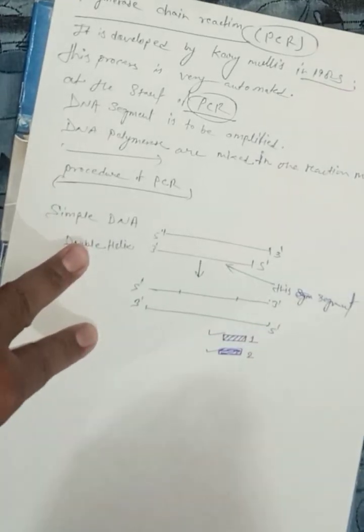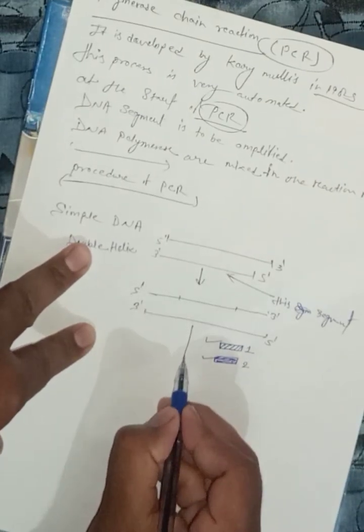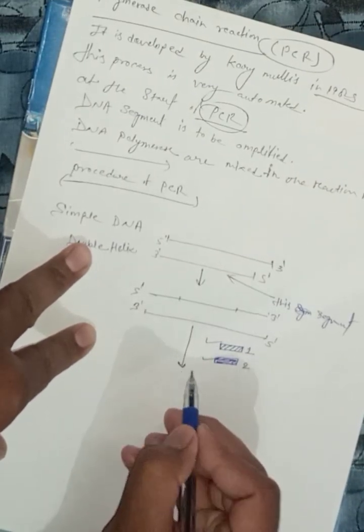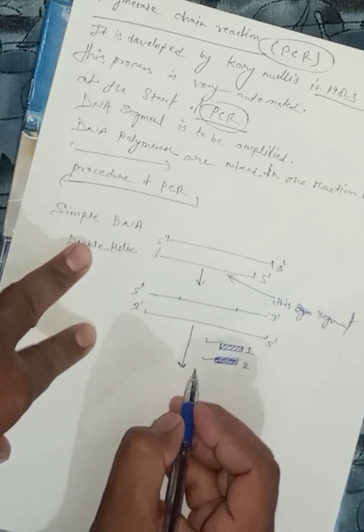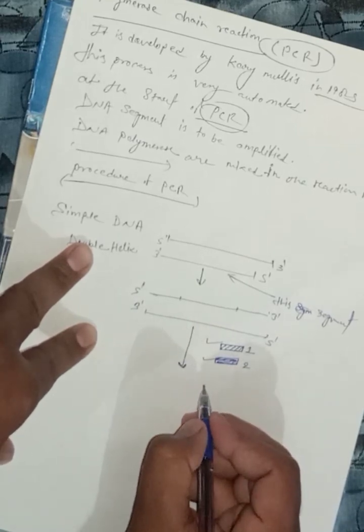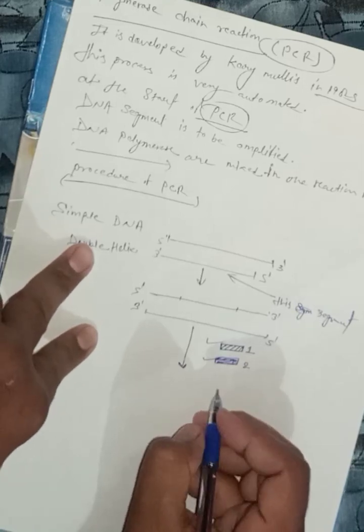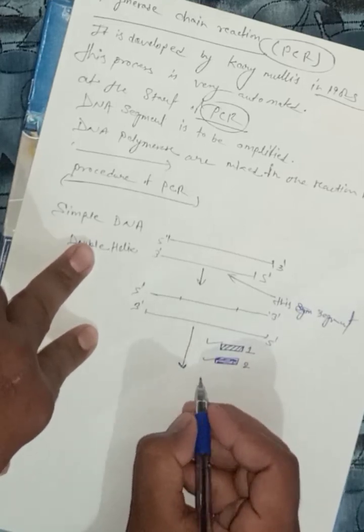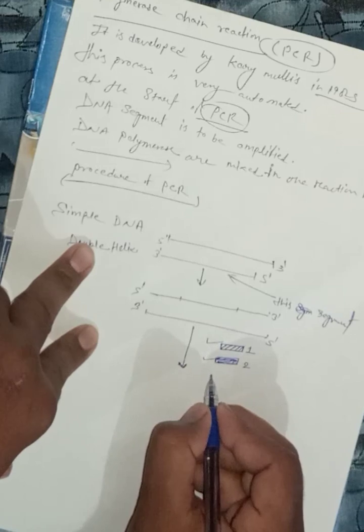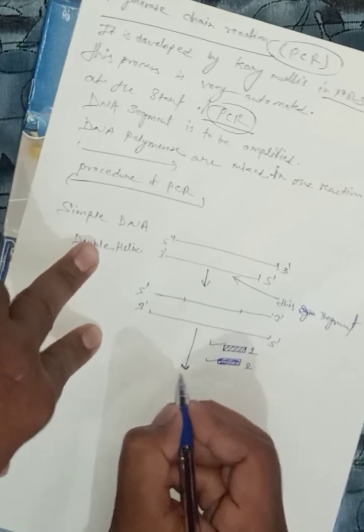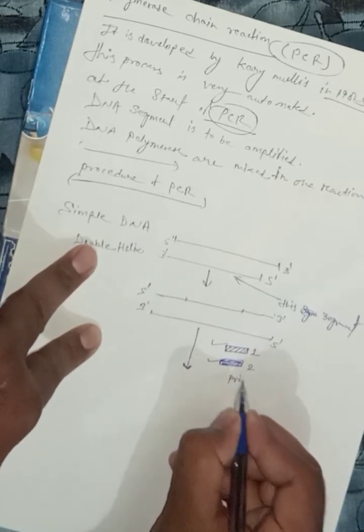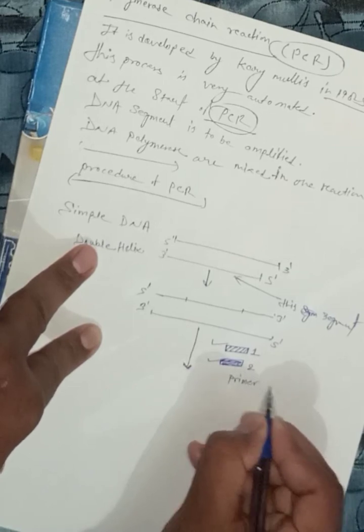The next process, for amplifying the DNA segment, is that the primers are annealed.